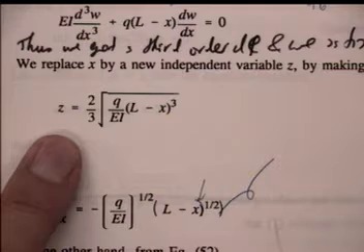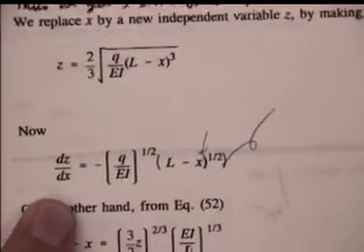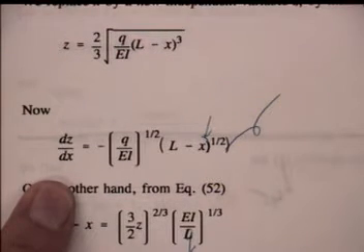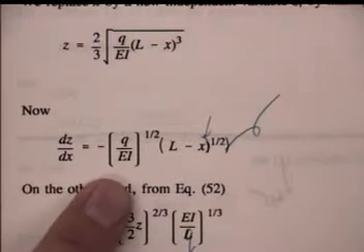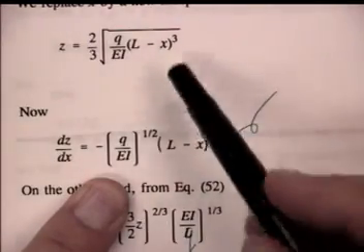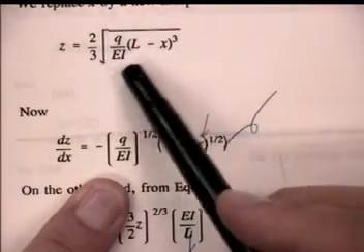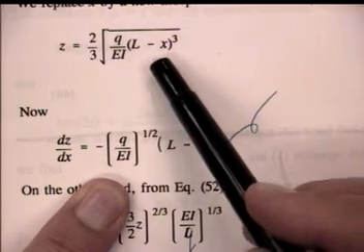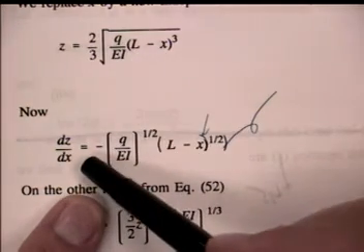Now, dz/dx we would like to calculate. When I differentiate with respect to x, naturally I will have to take the derivative of this expression L minus x. So in front of x I have a minus sign, so there will be a minus.